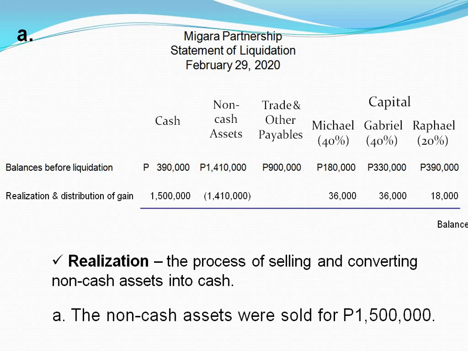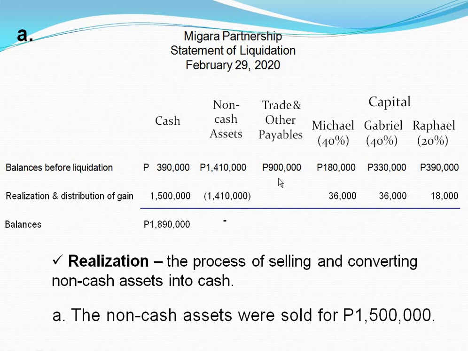Now, get the balance of each money column. For cash, 390,000 plus 1,500,000 will give us 1,890,000. For non-cash assets, 0. Not surprising at all because all the non-cash assets have been sold already. So the balance must really be 0.